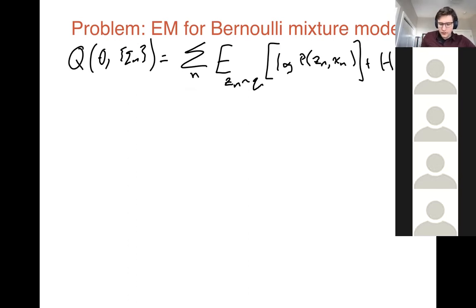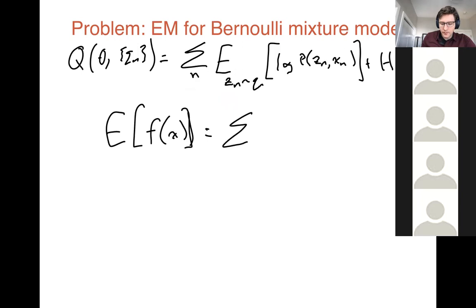By the way, there are some questions about this expectation notation. We talked about this in the Canvas, but in general, the expectation of some function f of x, this is just the definition of expectation, is the sum over x of p of x times f of x.